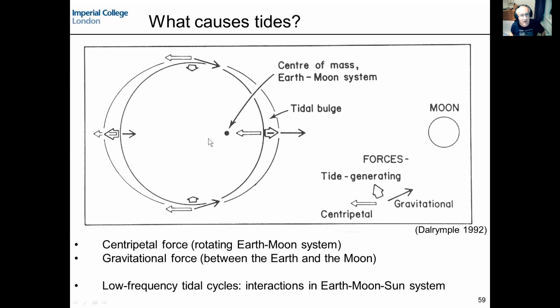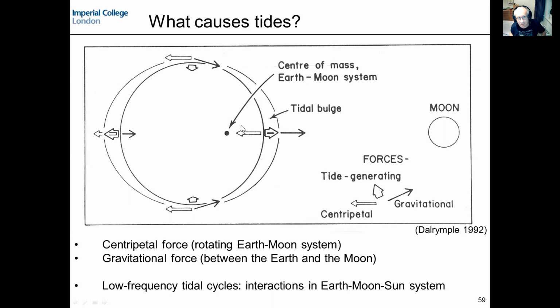We think now about one location on the Earth. The Earth rotates on its axis every 24 hours. So if we start at this location on the Earth, after a quarter of a rotation, this part of the Earth will pass through one of these tidal bulges.